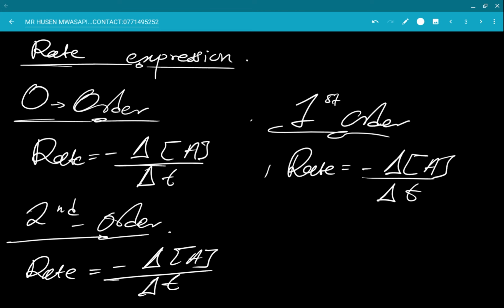But now, when we get to what are known as rate laws, these help us predict the rate of a reaction. So I'm going to give you three rate laws with respect to our orders. I'll start with a zero order.